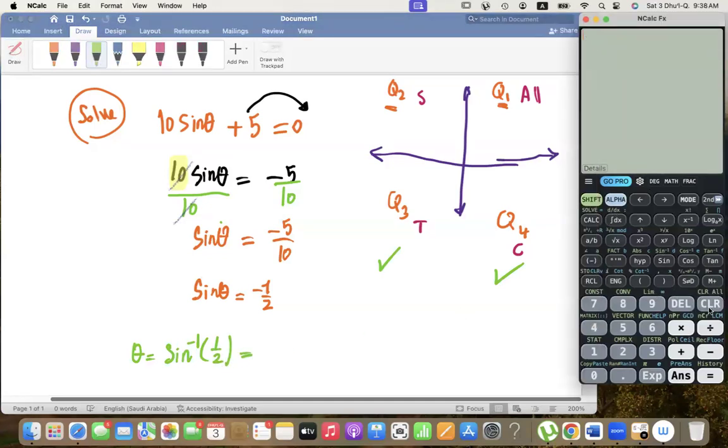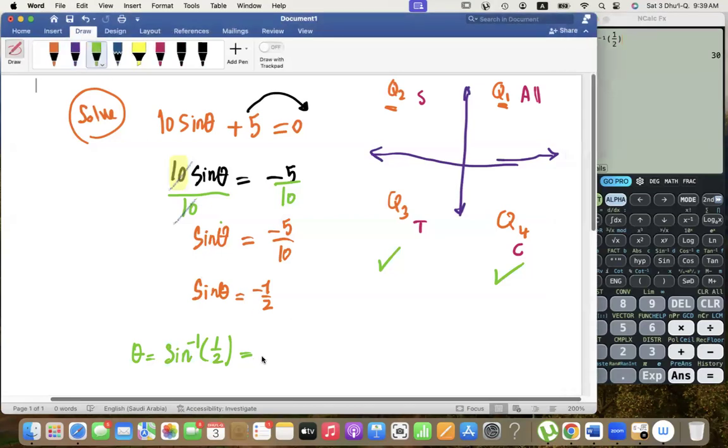So I press shift sine, then write 1 over 2, then close the bracket. It's equal to 30 degrees. So the theta that I got from the positive angle is 30 degrees. Is this my solution? No, this is not your solution. This is just the reference angle.